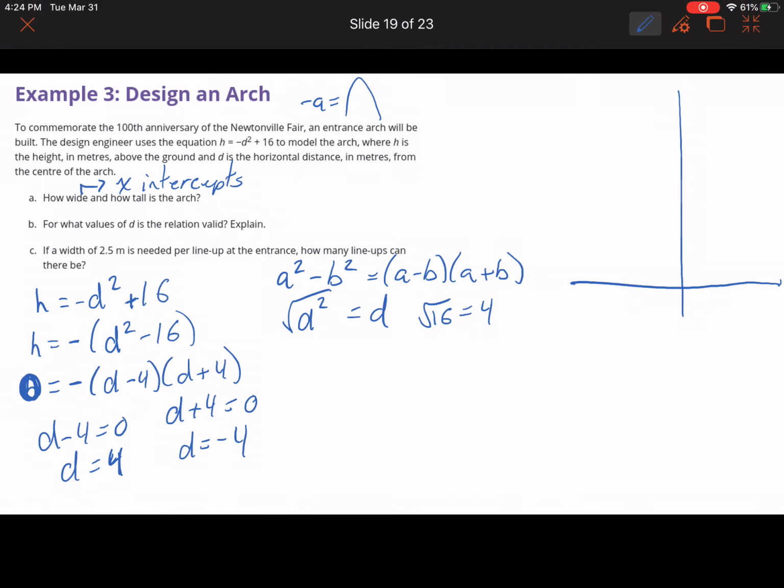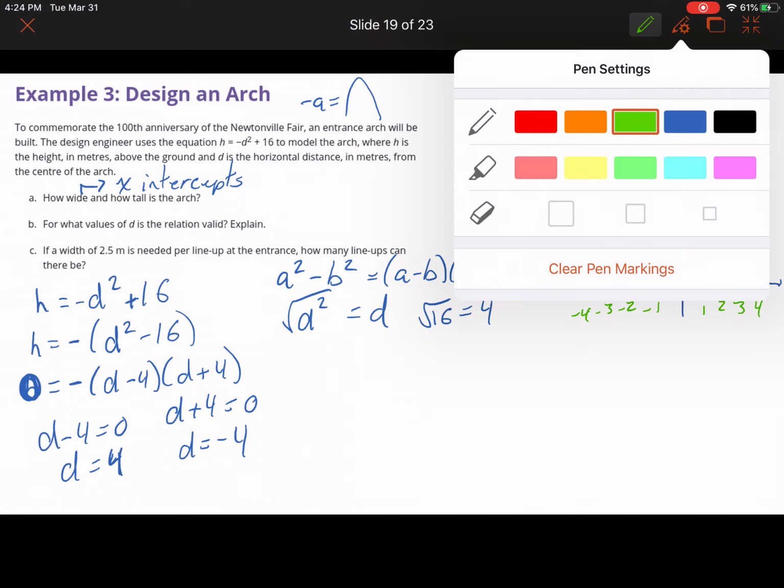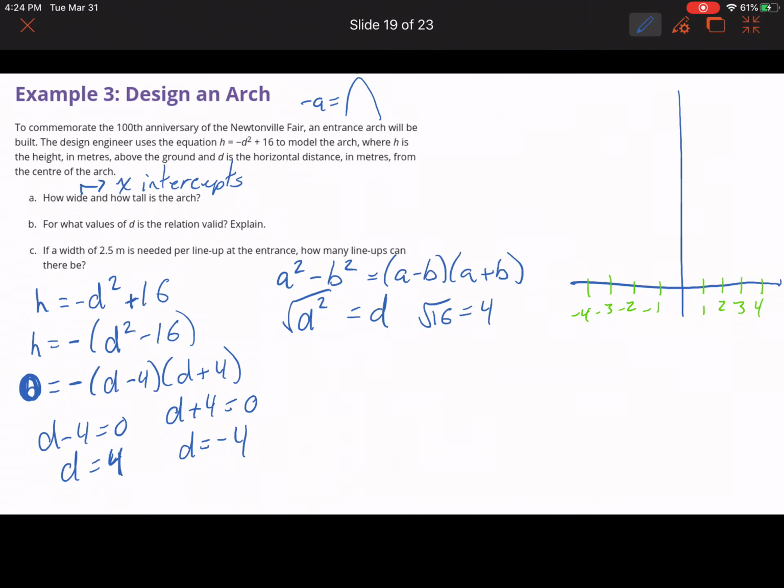So if we graph that, we know our x-intercepts are going to be negative 4, 0, and 4, 0.